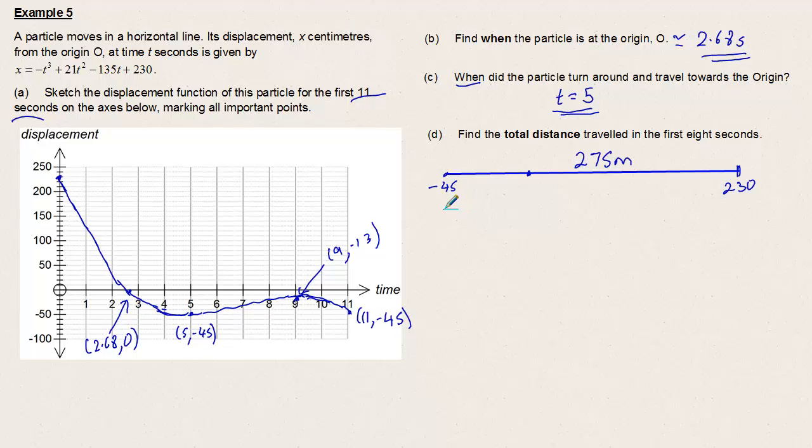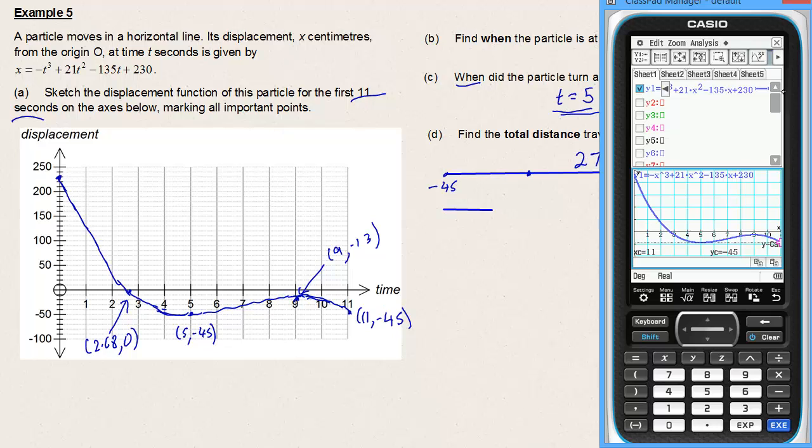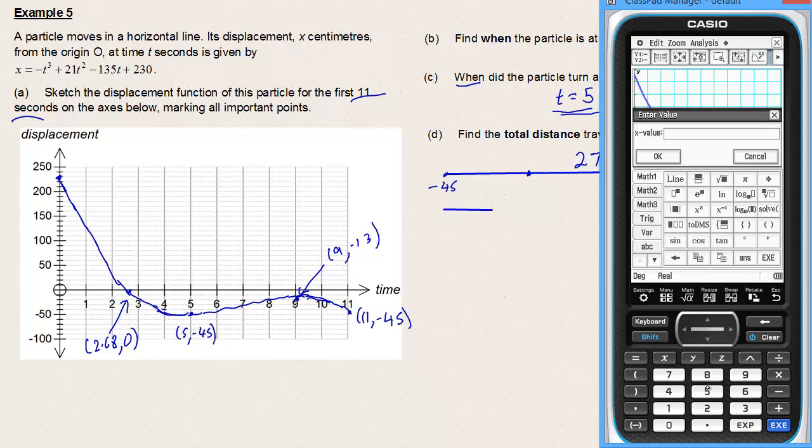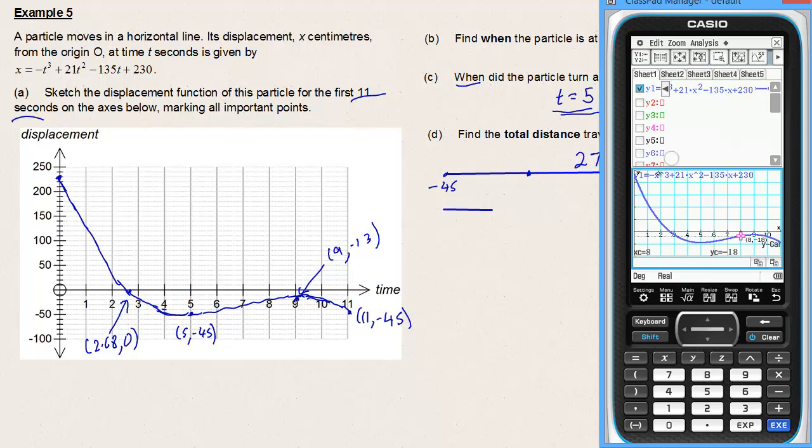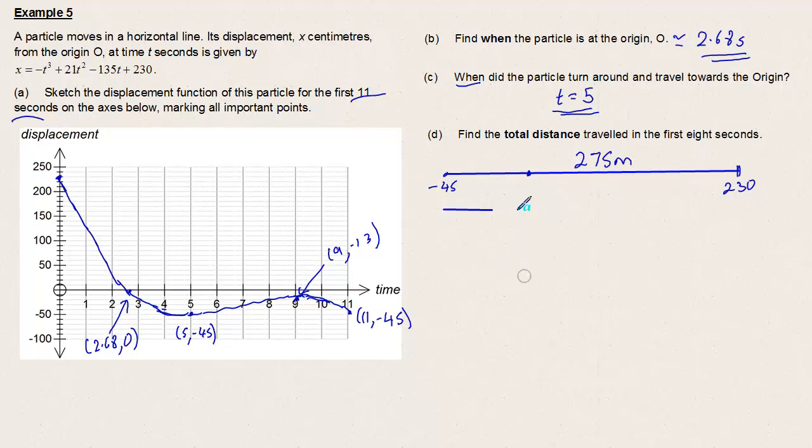We need to know how far it's travelled when we get to t equals 8. So get the calculator out. And we're doing a y-calc again, when x is 8. And that gives us -18.